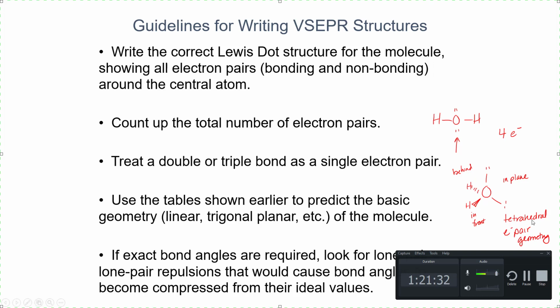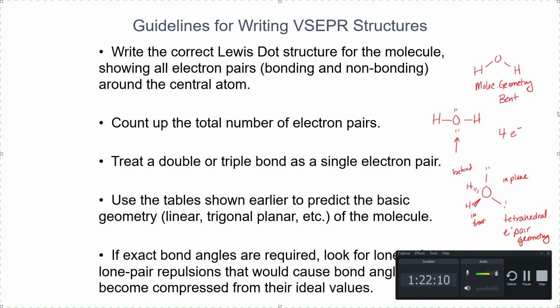Now, for those of you saying, but in general chemistry we called it bent. Okay. Bent is a molecular geometry. So if I was to just look at the water molecule, I would not see the lone pairs. And so in terms of water, it has a molecular geometry where we ignore the lone pairs of being bent.